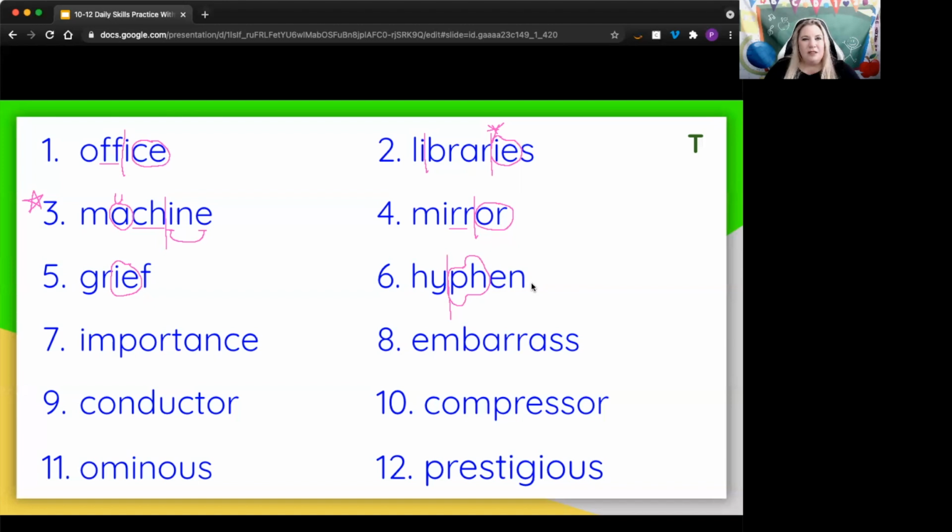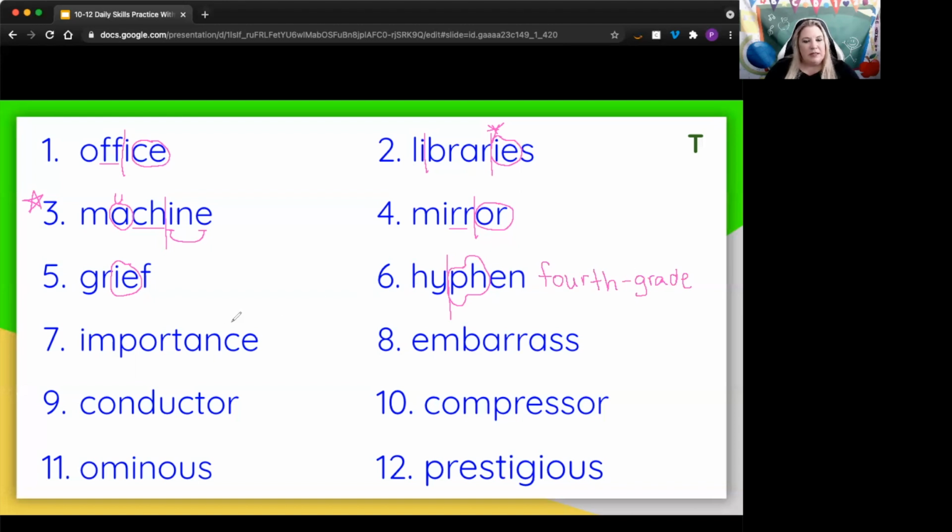A hyphen is just a fancy name for a dash. A lot of times we'll put dashes between words, but it's really called a hyphen. Like maybe if you were going to write the words 4th grade, it's proper to put a hyphen between those two words, 4th and grade. So this part right here is the hyphen.